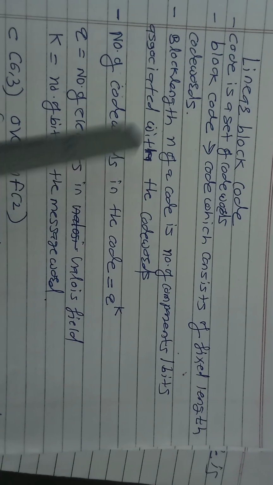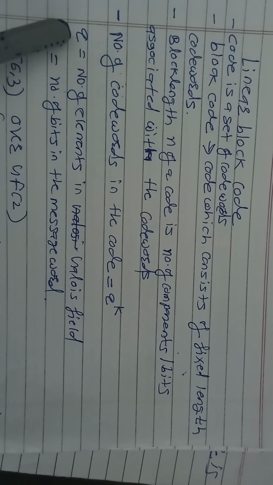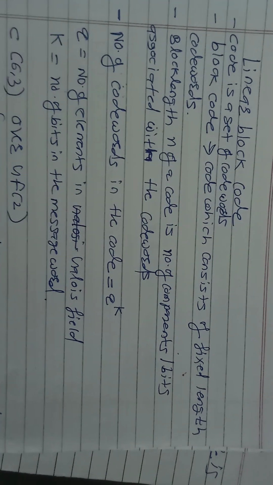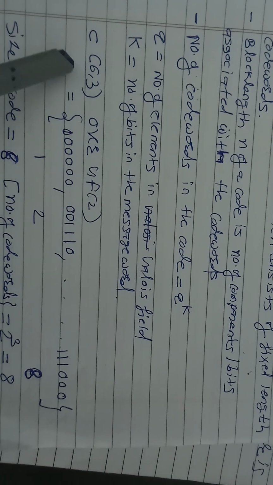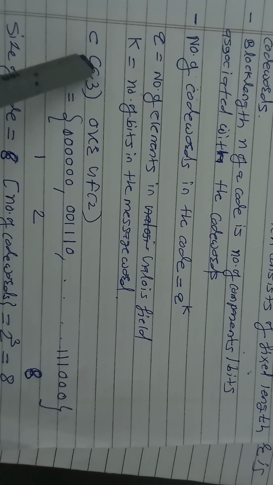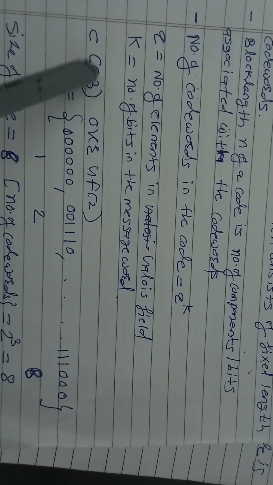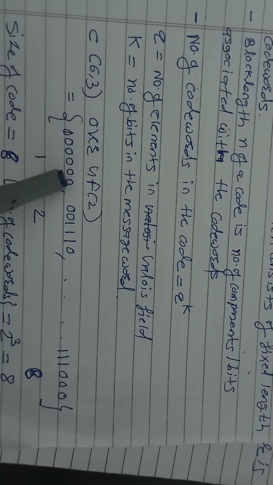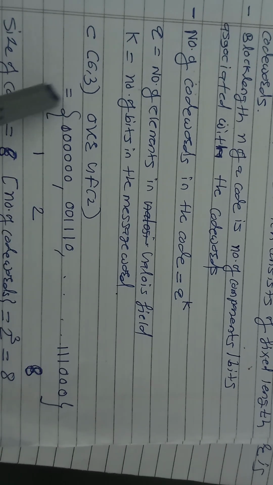Okay, so you might have understood the words block and code. Now let us understand some other terms. Here 6 is called n, the block length of that code. That means how many bits are there in every code word. What is 3?